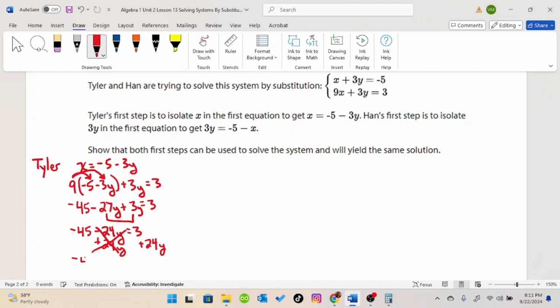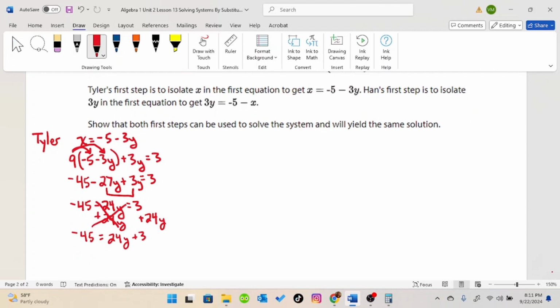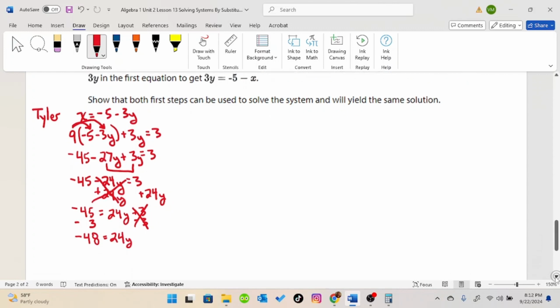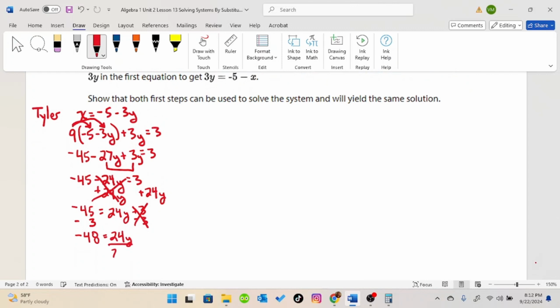So we have negative 45 equals 24y plus 3. Now we subtract 3 from both sides to get rid of it on the right, and we have negative 48 equals 24y. Divide both sides by 24, and we get negative 2 equals y.